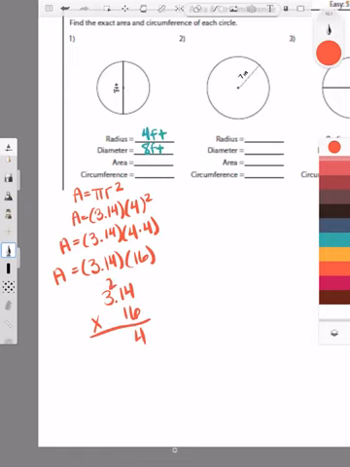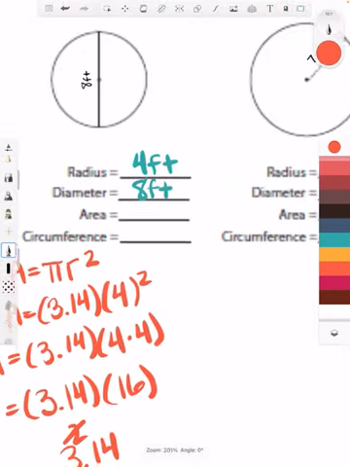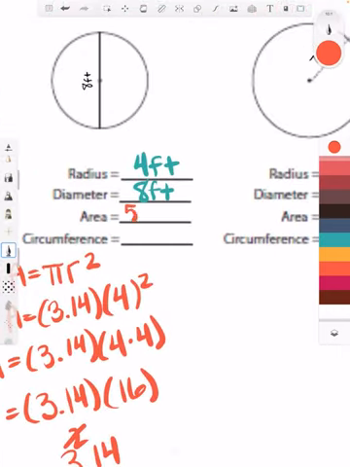Carry my 2, 8, 18, 4, it's 1, 3. All right, so now I see that my area is going to equal 50 and 24 hundredths feet squared. Remember, since it's area, we're going to square our value.